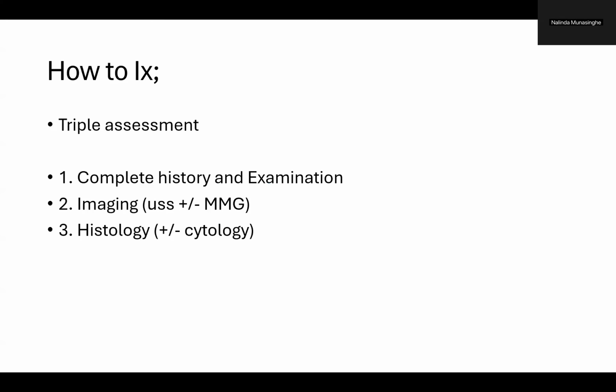So any breast lump, whether it's benign or malignant, clinically, how will it proceed? The golden principle is triple assessment. So 3 things are assessed. First, very important, is the complete history, including the risk factor assessment and including their family history.